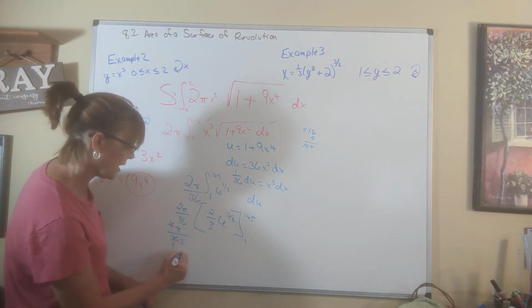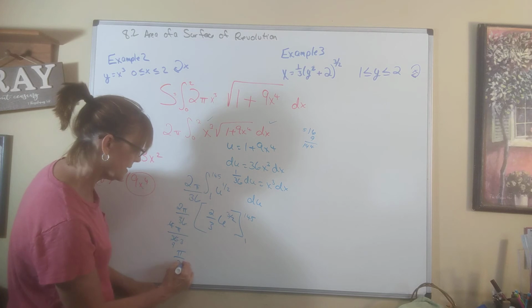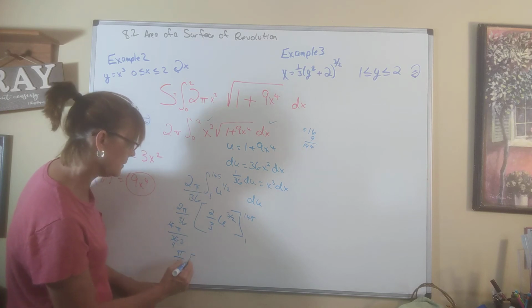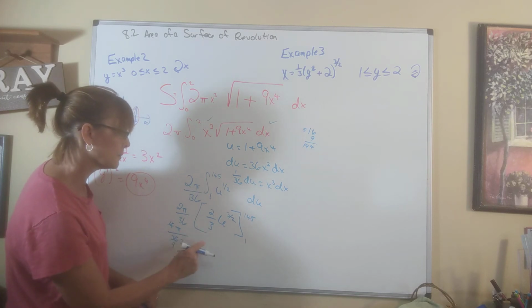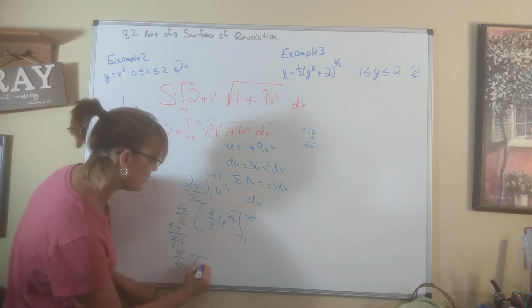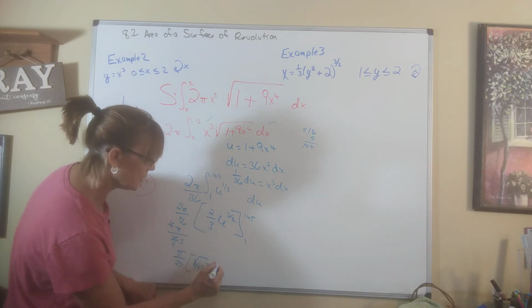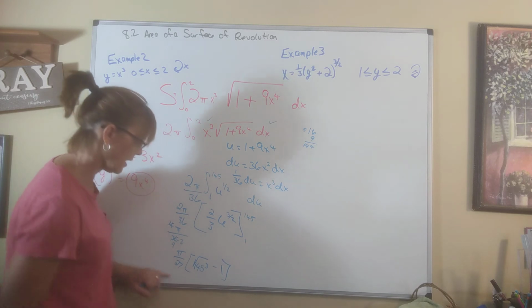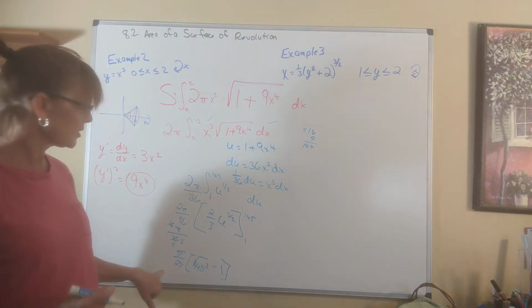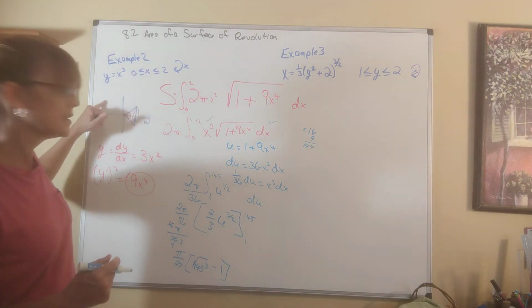So this is really pi over 27 times, with the 2/3 multiplied in there, the square root of 145 cubed minus the square root of 1 cubed, which is just 1. And that right there is the surface area of this figure.